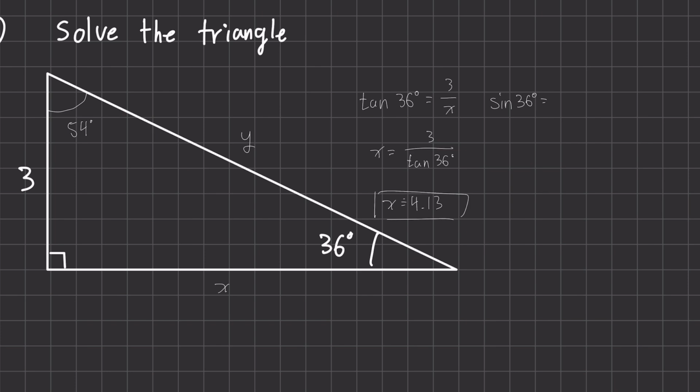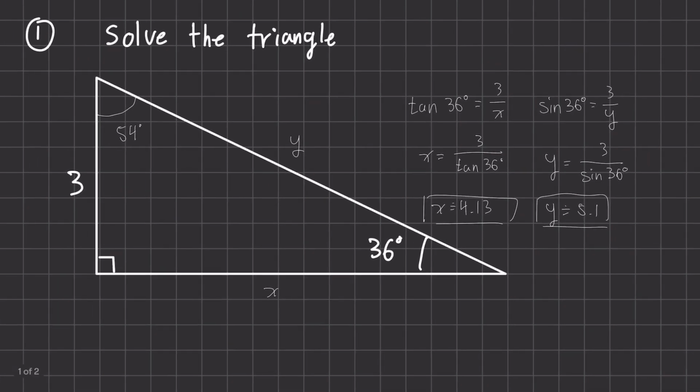So sine 36 is equal to opposite over hypotenuse, which is 3 over y. Isolating for y, we get that y is equal to 3 divided by sine of 36 degrees, or y is approximately 5.1. And that would be your full solution for this question.